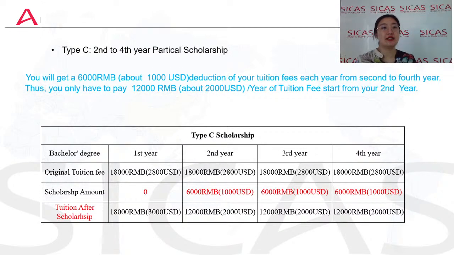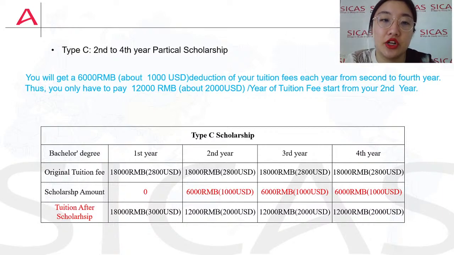And type C is the second to the fourth year partial scholarship. So you basically get a 6,000 RMB deduction of your tuition fees each year from second to fourth year. You will only have to pay 12,000 RMB per year of tuition fee, starting from your second year. And let's look into it.